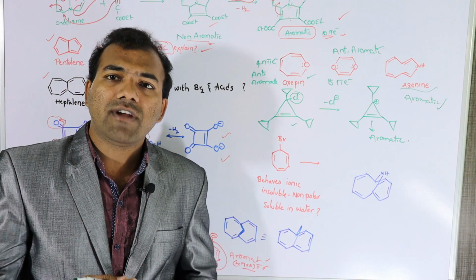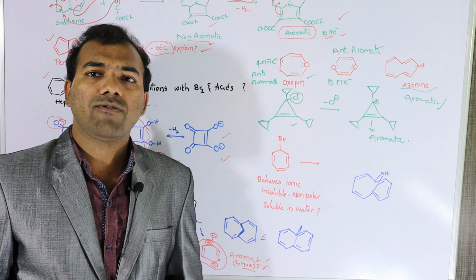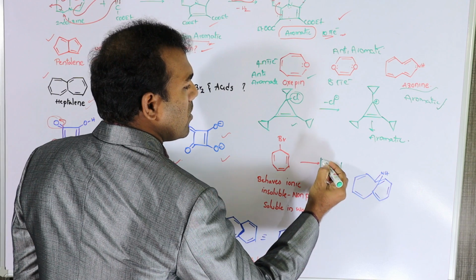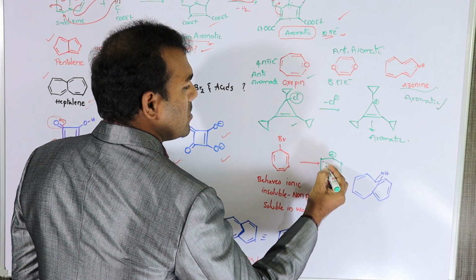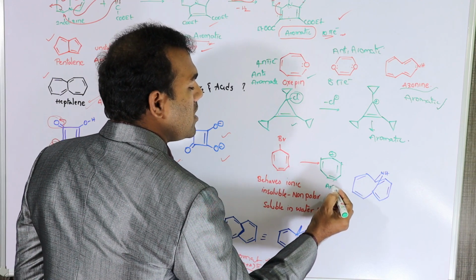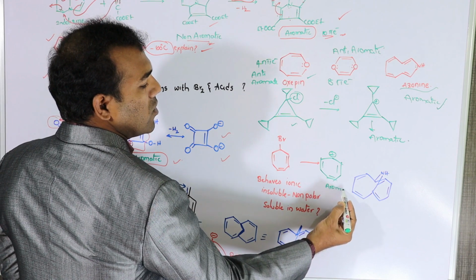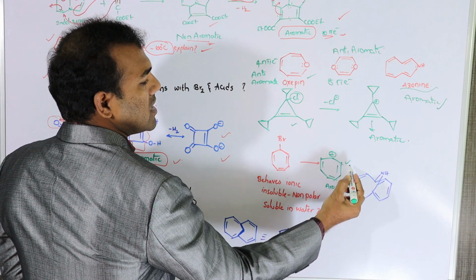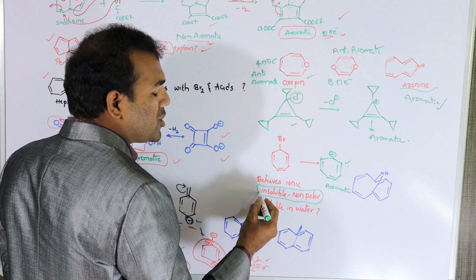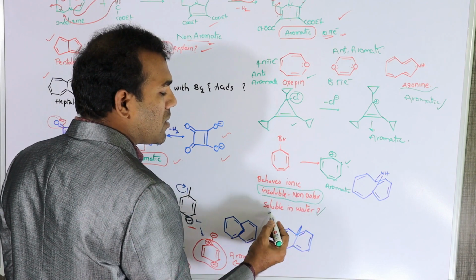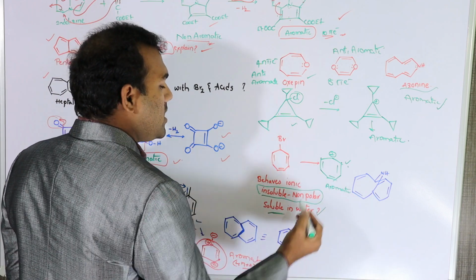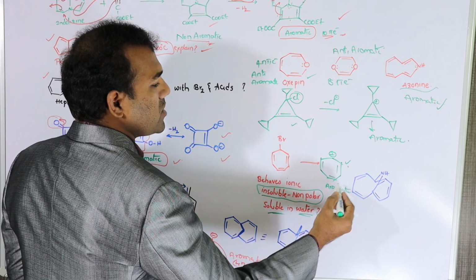So ultimately it will lose its bromide ion, then it forms a cycloheptatrienyl cation. Because of the stability of the cycloheptatrienyl cation and the aromaticity of this compound, it is an ion. That is the reason why it is not soluble in non-polar solvents. Always it prefers to dissolve in water-like solvents because it is an ionic compound, so it is soluble only in polar solvents. So that is the reason.